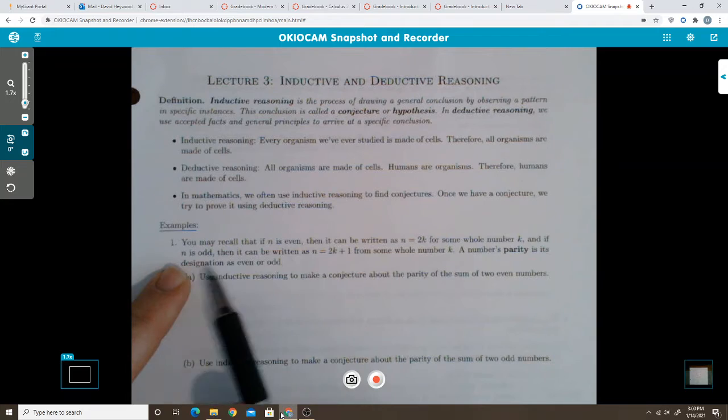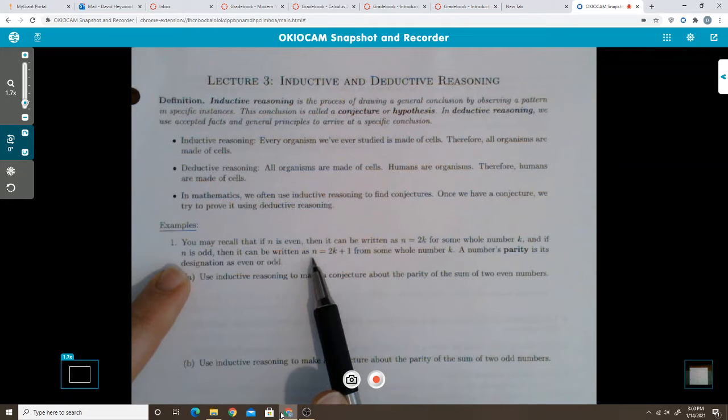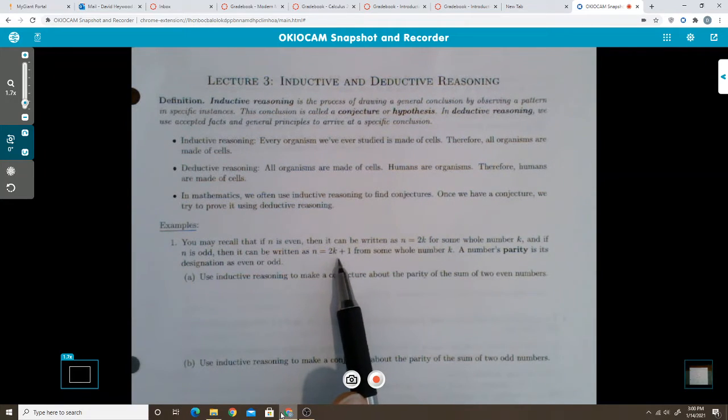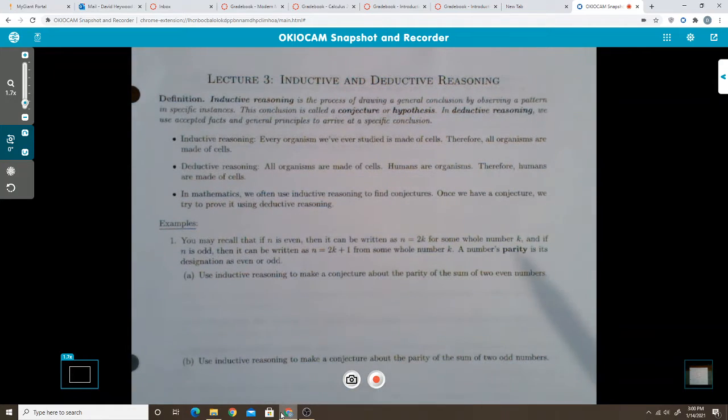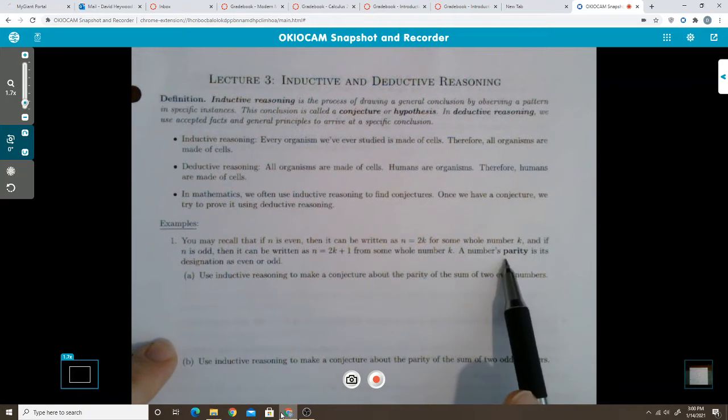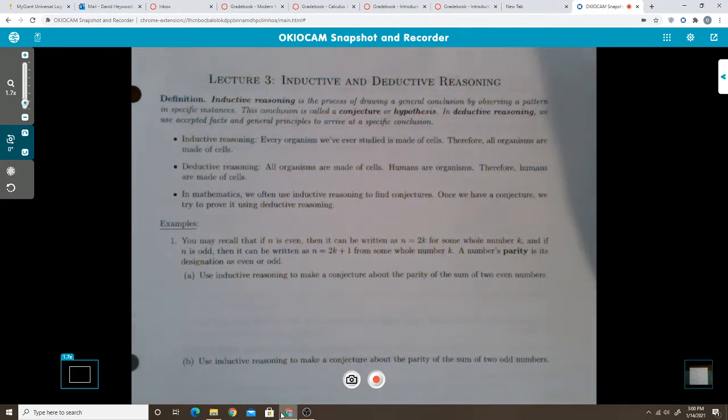So if n is odd, then it can be written as n equals 2k plus 1. So you take an even number, you add 1 to it, and you'll get an odd number. So if you take 6, you add 1, you get 7. Sure enough, 7 is odd, right? A number's parity is its designation as even or odd. So far, these are just definitions.